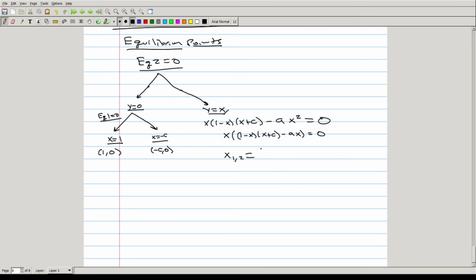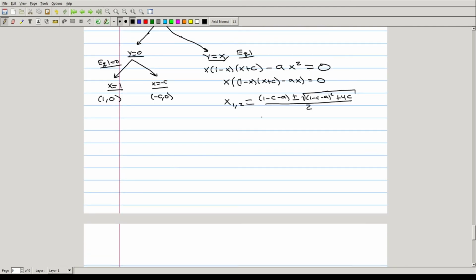And the exact expression you get is 1 minus c minus a plus or minus the square root of 1 minus c minus a squared plus 4c, over 2. These are the roots of this equation right here, which satisfy the equilibrium point conditions for equation 1 and equation 2, and therefore we have 2 new critical points, or equilibrium points.